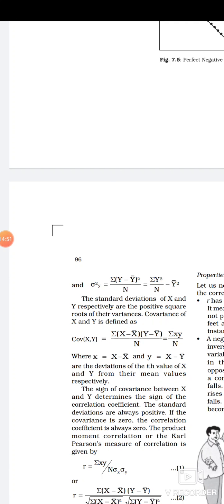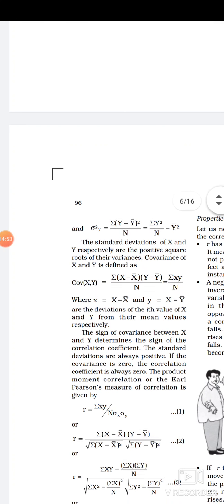Similarly, sigma squared y. The standard deviations of x and y respectively are the positive square roots of their variances.